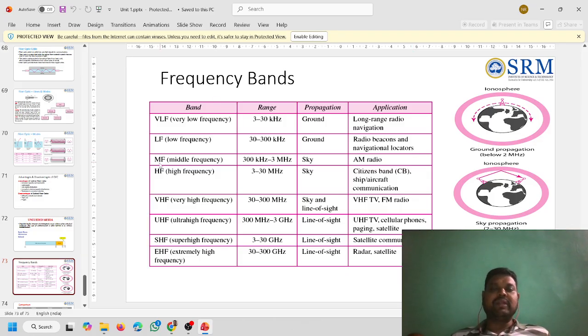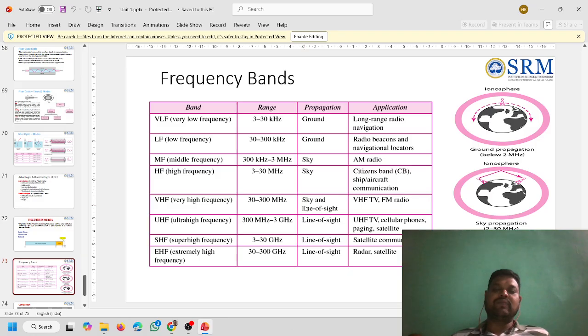Whereas medium frequency or high frequency levels are used for high level propagations, AM radios, right? Citizens band for ship aircraft communications. Whereas very high frequency, ultra high frequencies are used for TV, FM radios, and it requires line of sight, right?